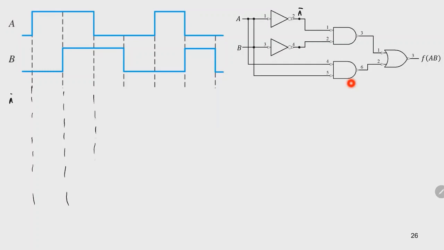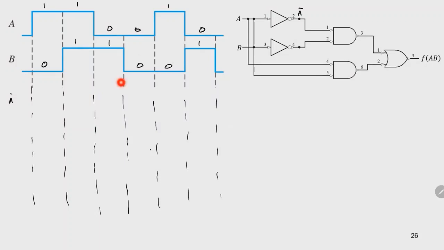Again, fill up all my time frames. So this is 1, 1, 0, 0, 1, 0, 0, 1, 1, 0, 0, 1. When A is 1, the inverse of that will be 0, 0, and then 1, 1, and then 0, 1.